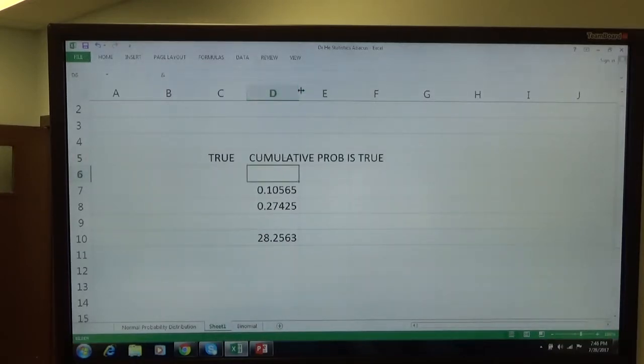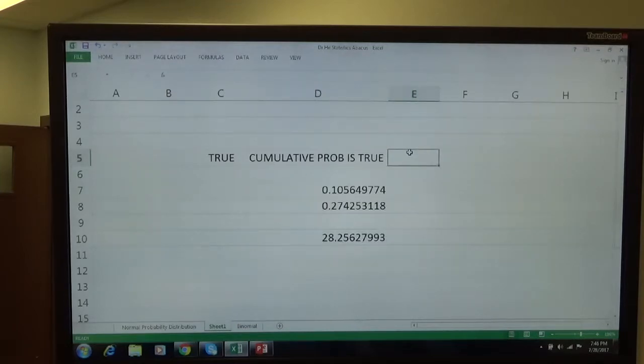So this will give us the probability that x is less than or equal to 90.